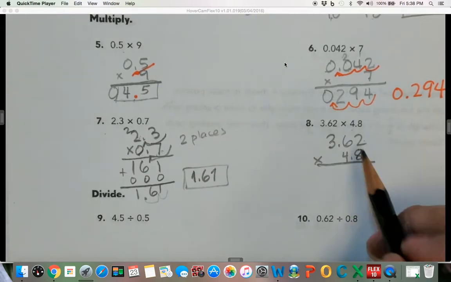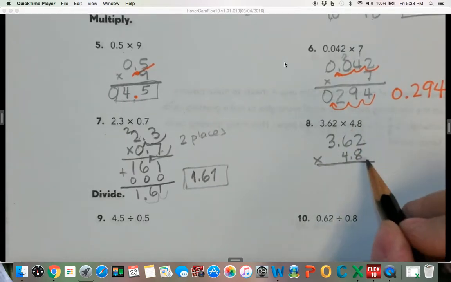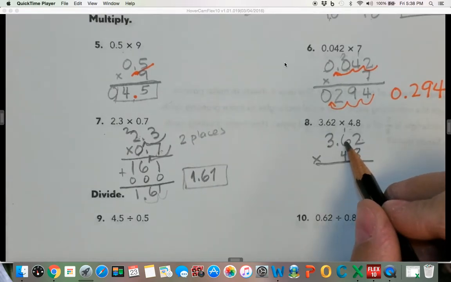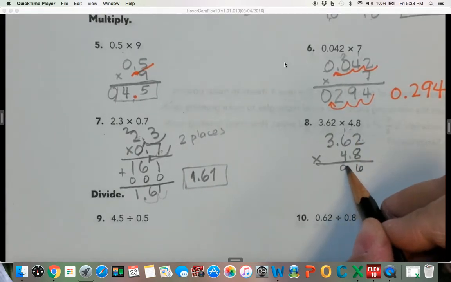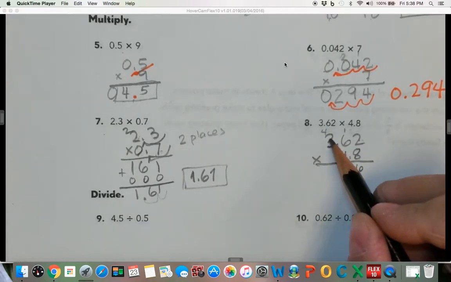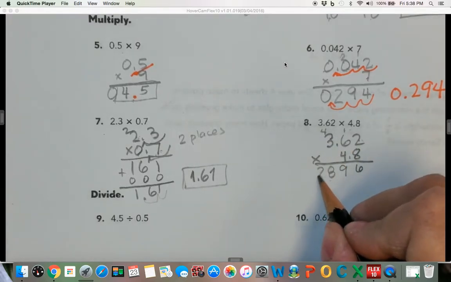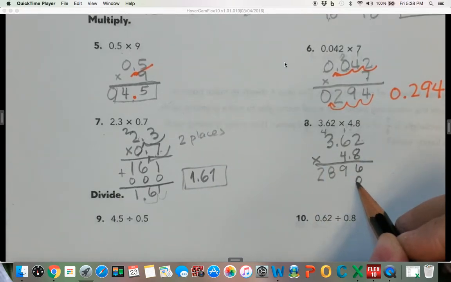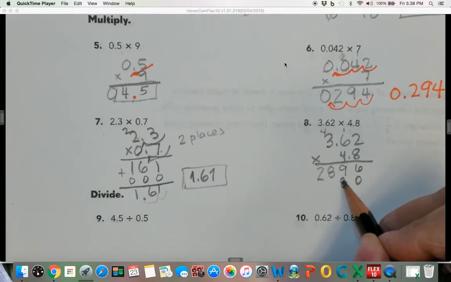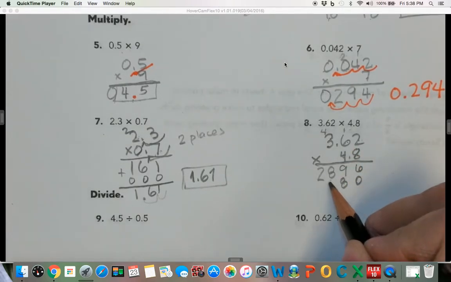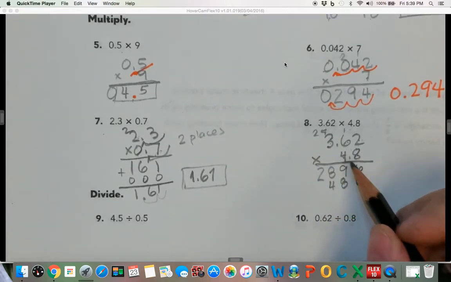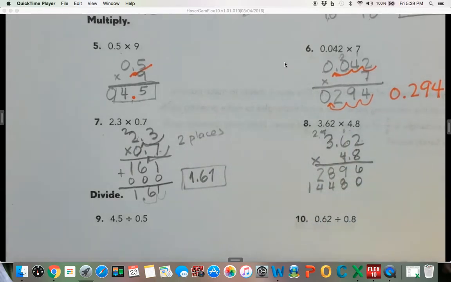Let's look at number 8. Remember, I'll deal with decimal places later. 8 times 2, 16, carry the 1. 8 times 6, 48, plus 1, 49. 8 times 3, 24, plus 4, 28. Placeholder. 4 times 2, 8. 4 times 6, 24, carry the 2. 4 times 3, 12, plus 2, 14.